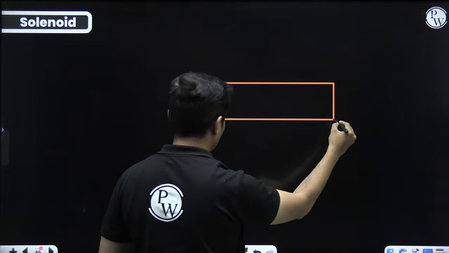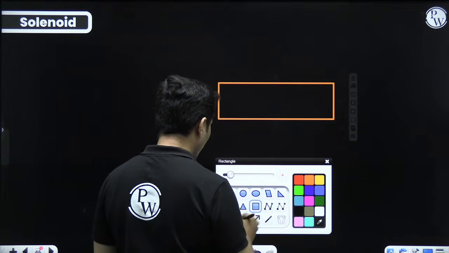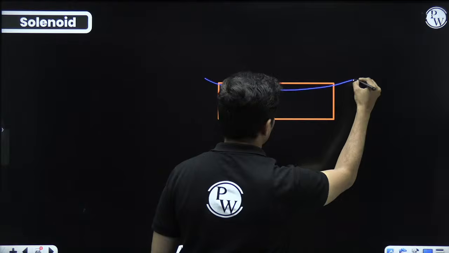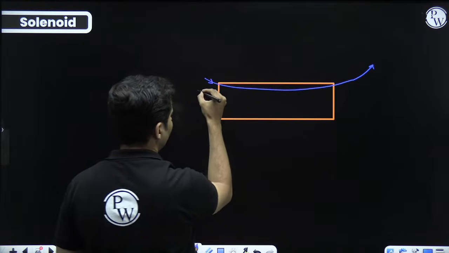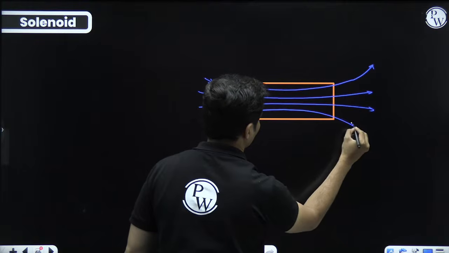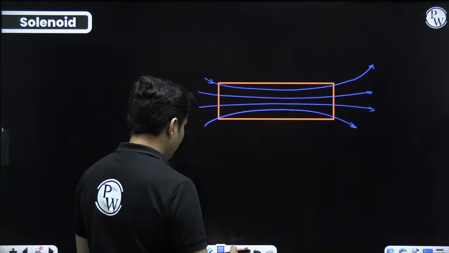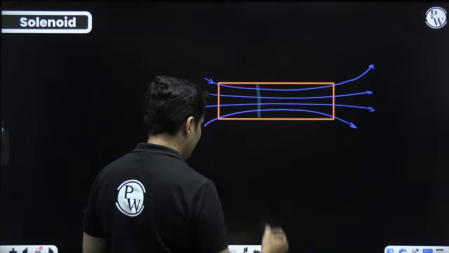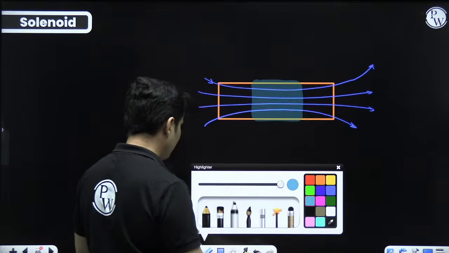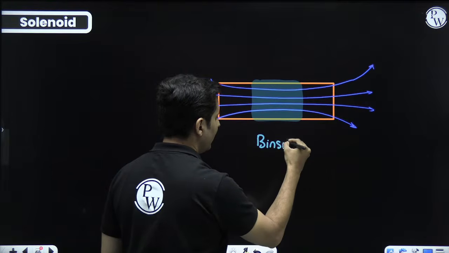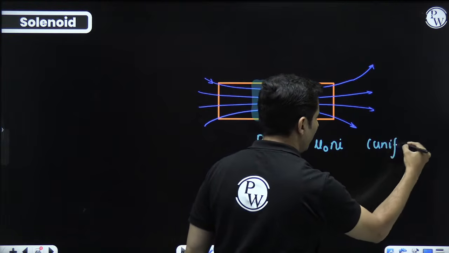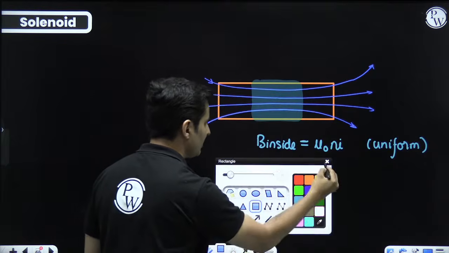So if we have a solenoid and these are the magnetic field lines, when you are in a region where the lines are basically parallel to each other, deep inside, the magnetic field inside where the lines are parallel is mu naught n I, and it is obviously a uniform magnetic field very much inside. This formula we just derived.